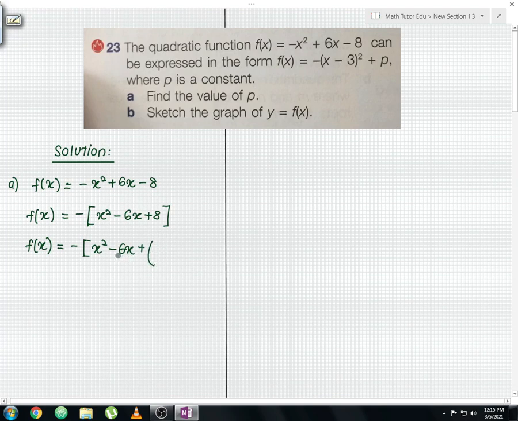In this case the coefficient of b is negative 6, and then you divide by 2 and square. If you add, you must subtract at the same time. So minus 6 over 2 squared, and then you plus 8. I'm writing over here because there's not enough space, guys. So from here let us continue.